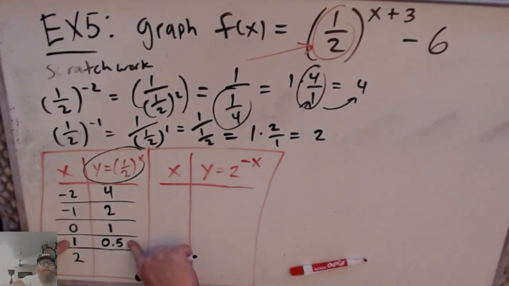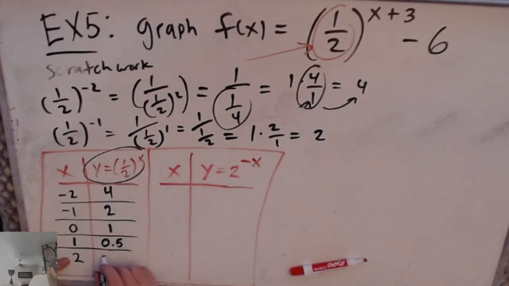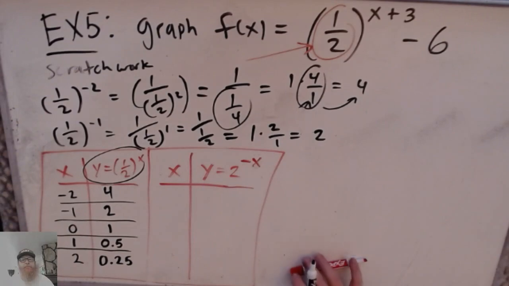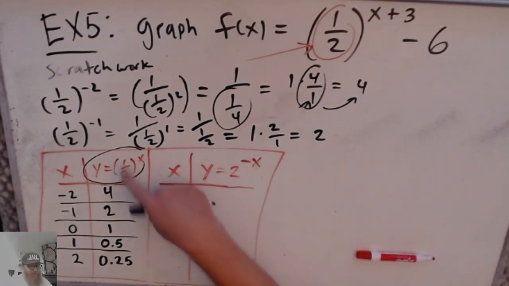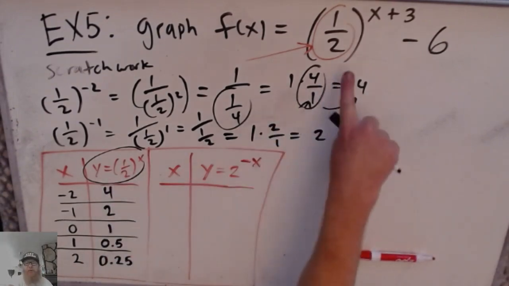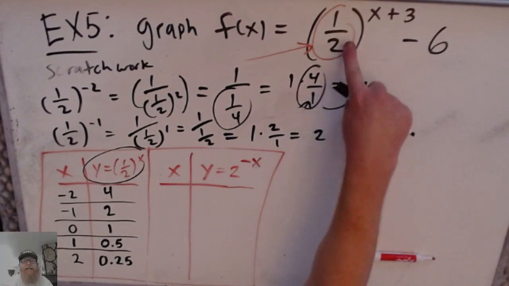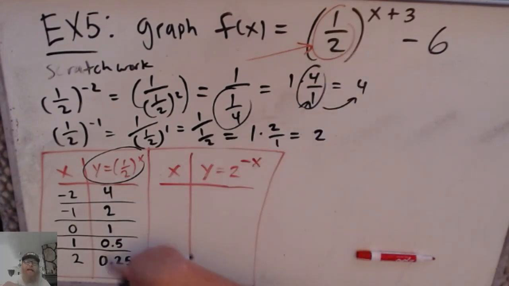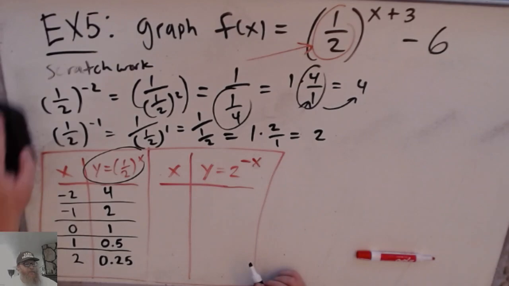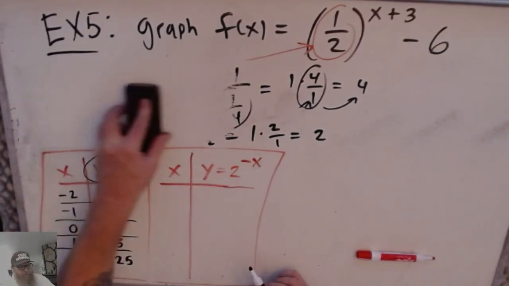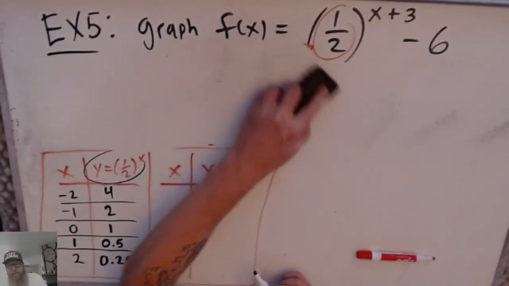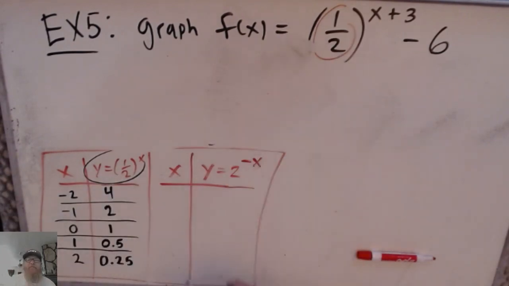And then for 2, 1/2 squared is 1/4, or you can put 0.25. So that would be the fractional base way to do it. These would be the same values as your mother function, 1/2 to the x.